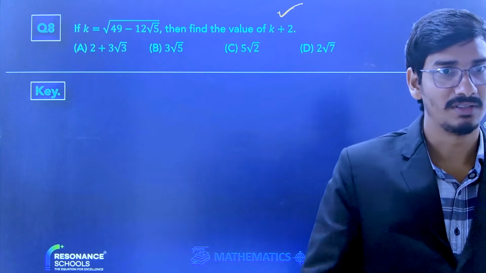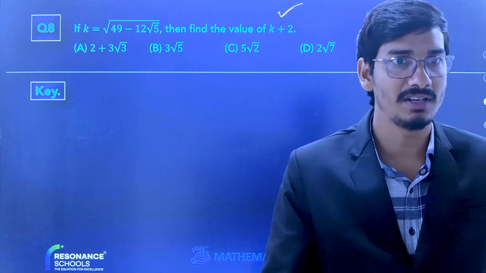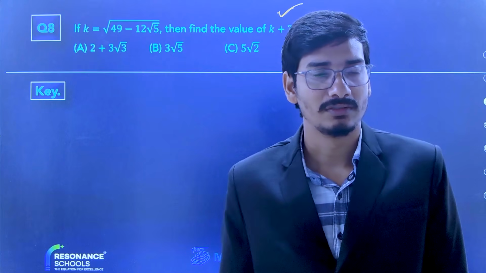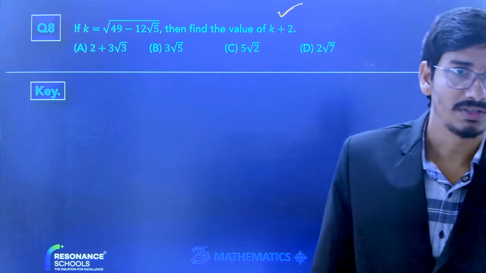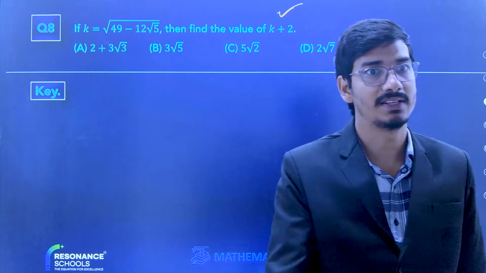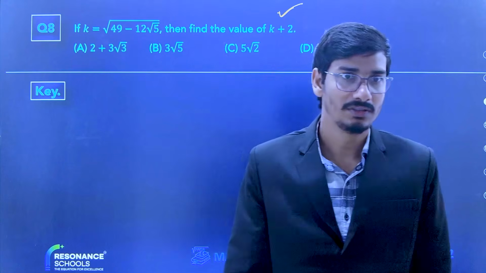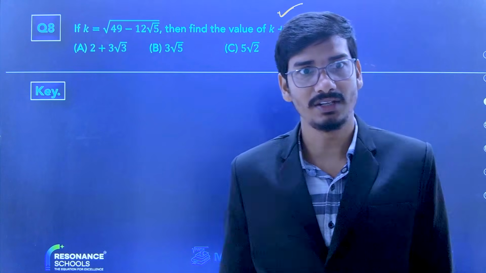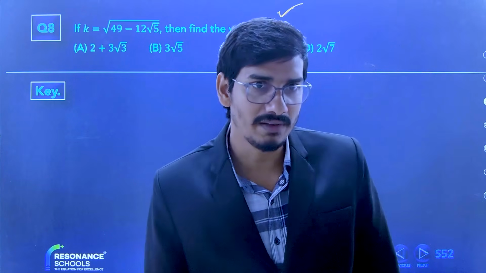Messaging irrelevant things will fill the comment box with irrelevant things. Better you message only if you're getting the answer. If you're not getting it, leave it. If you're not getting it, you can also type, sir, not getting the answer. Don't worry, I will explain here.